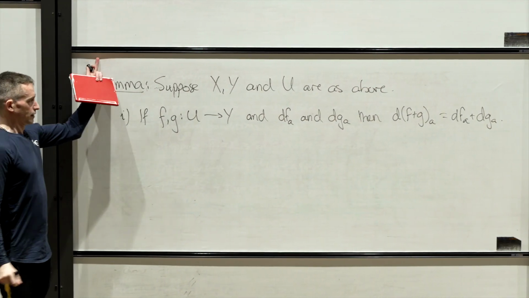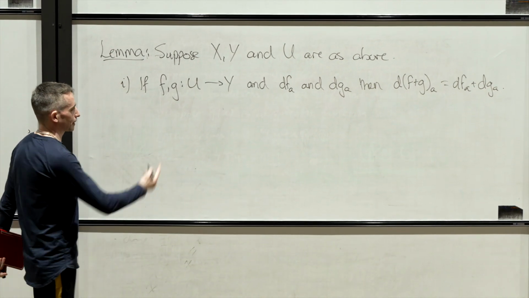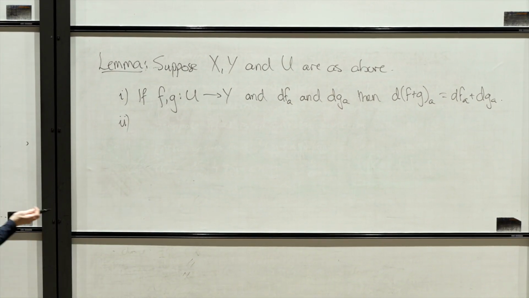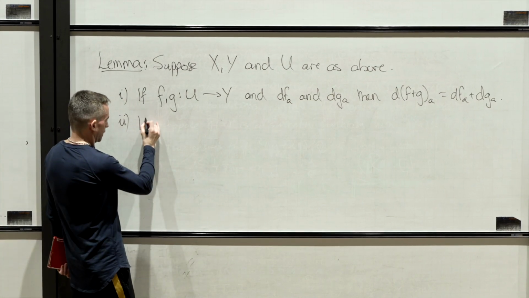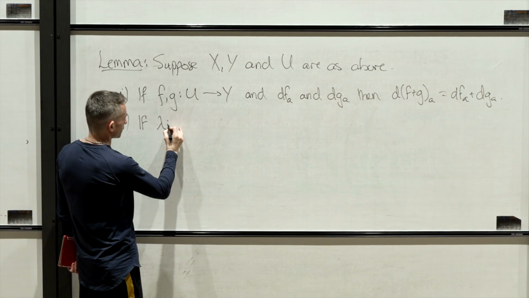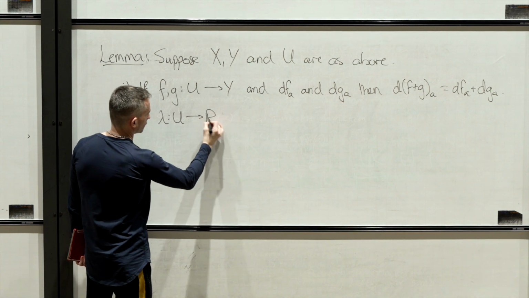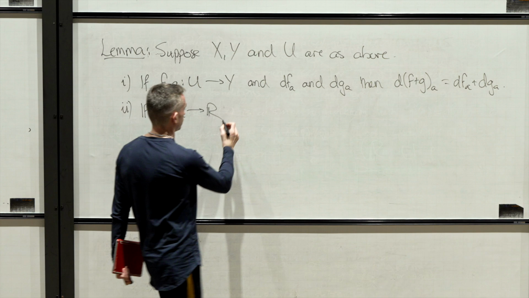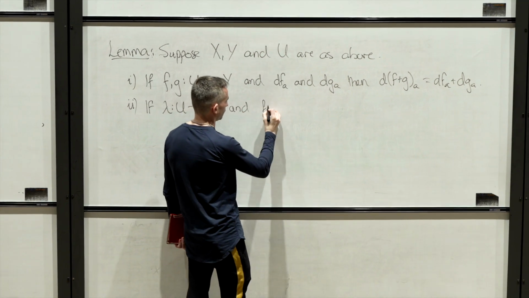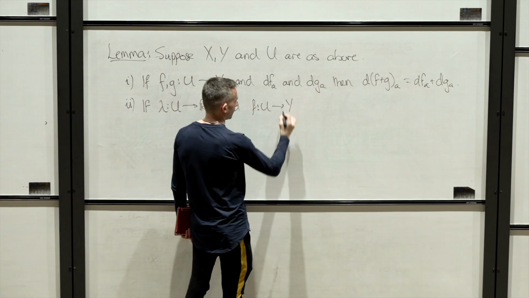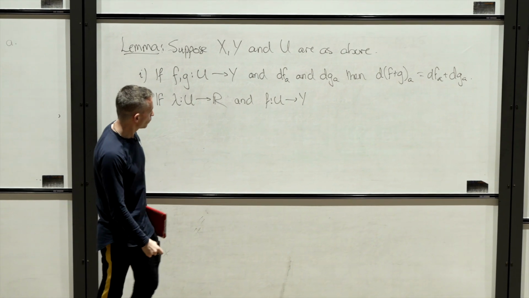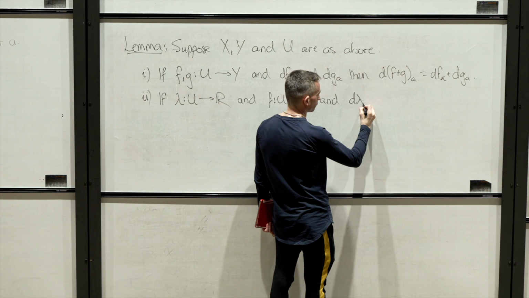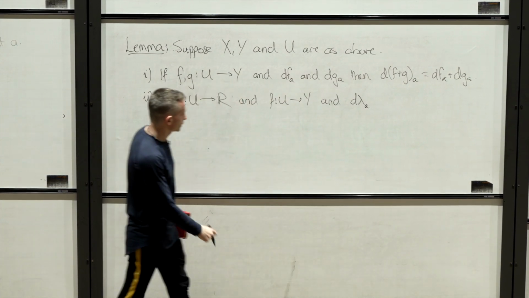That's one of the algebra of limits results that you might want for the derivative. Similarly, but a little bit more subtle, if you have lambda defined on U but taking values in the scalars, and f taking values in the normed vector space Y, and you have the derivative of lambda.